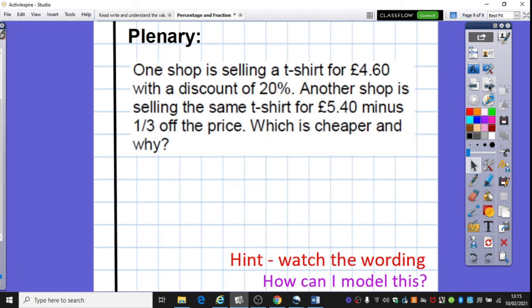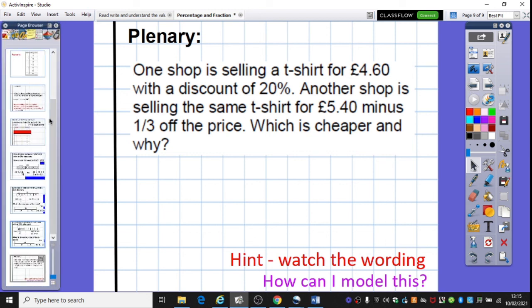So today then, you are going to work through a range of different problems. It may require you to first of all work out the discount, and then for some of you, you may even be going on to work out the new price, or the cost, of the t-shirt. The really important thing to do today, guys, is keep referring back to those equivalents to help you.